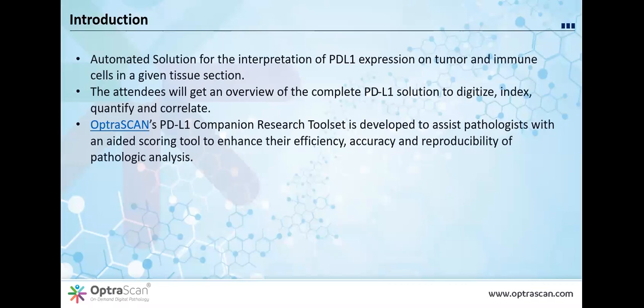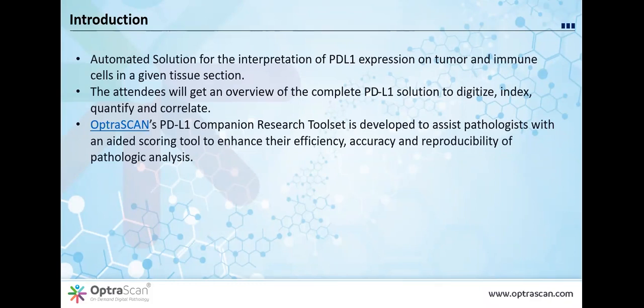All right. So before we dive into OptraSCAN's PD-L1 solutions, let me familiarize you all with what OptraSCAN is all about. We're an end-to-end digital pathology solution provider. We're focused on delivering fully integrated, cloud-based, affordable desktop scanning systems.